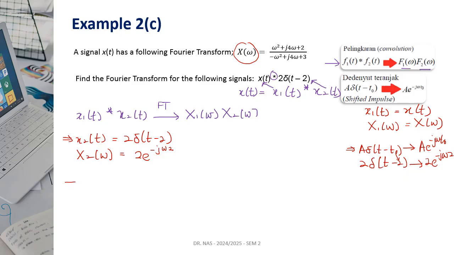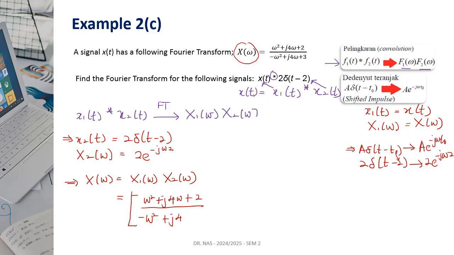Now solve the convolution. Your X(omega) equals X1(omega) multiplied by X2(omega). What is X1, equal to X(omega)? It is omega squared plus j4 omega plus 2, divided by negative omega squared plus j4 omega plus 3, multiplied by X2(omega), given by 2 e to the minus j omega 2.